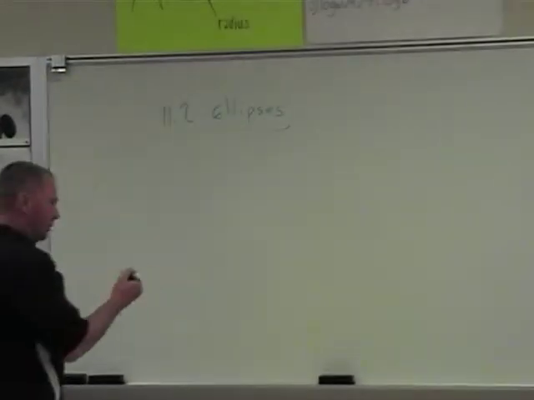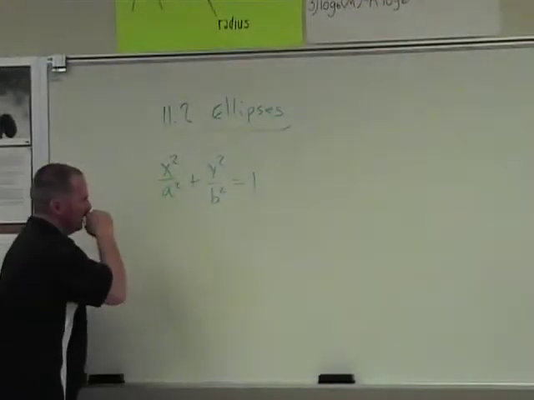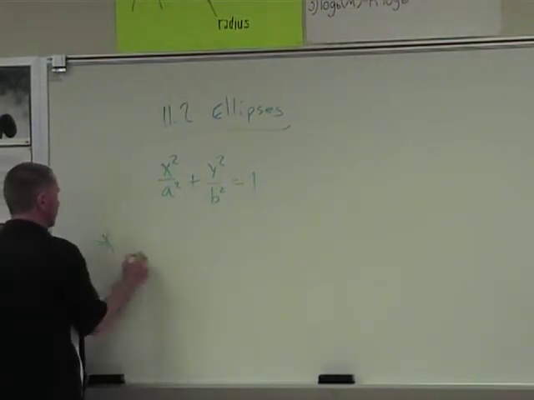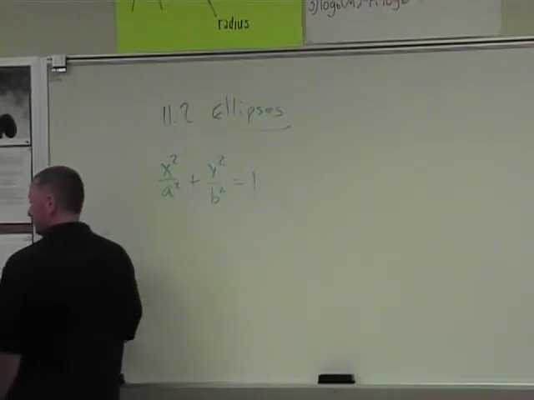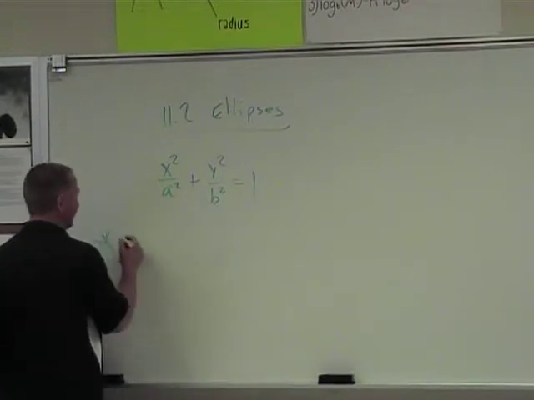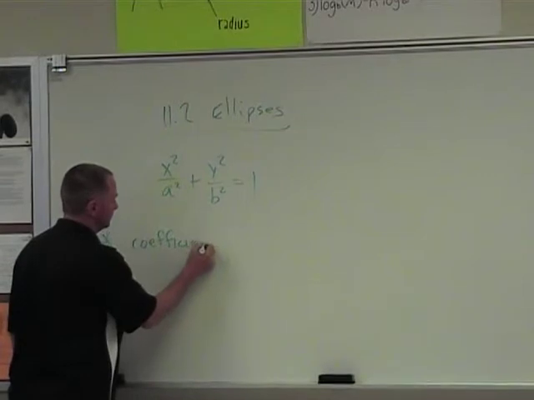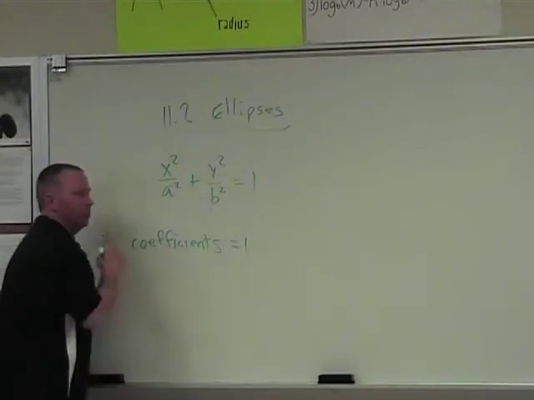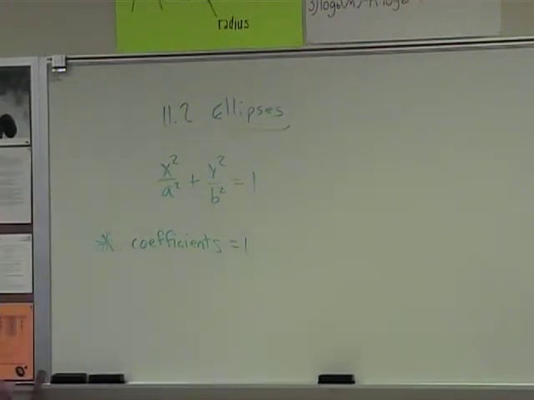Alright, so let's just look at the basic form, and we'll go from there. X squared over a squared plus y squared over b squared equals 1. There are some things they have to have. The coefficients in the numerator have to be positive 1s.